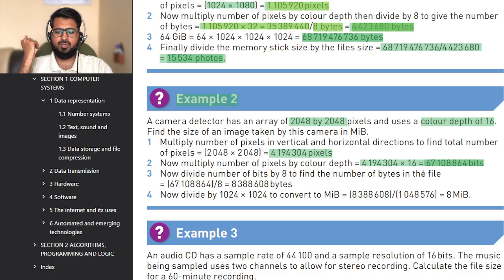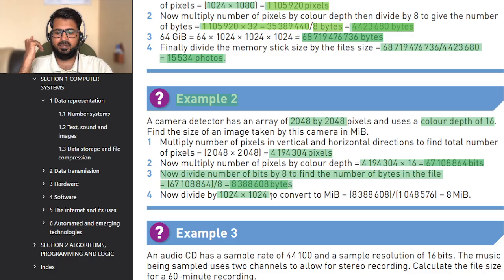So now we need to convert that bit size of the image into MB. First we convert it into bytes by dividing by 8, so we get the answer in bytes, right? Now divide by 1024 for KB, and again by 1024 for MB.